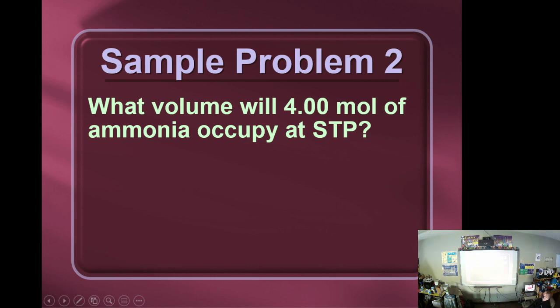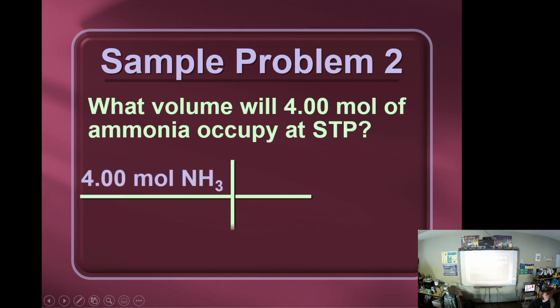All right, what volume will 4 moles of ammonia occupy at STP? Four moles. 1 mole is 22.4 liters.